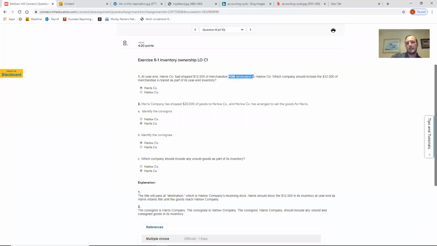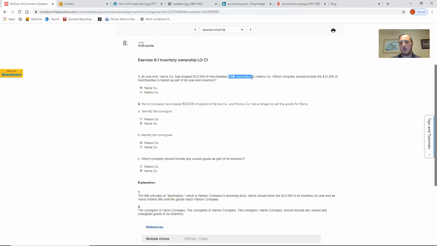So again, you have to look at it. FOB destination means we're not going to switch over until we get to our destination. So it's still the seller's ownership. FOB origin means as soon as it's loaded onto the truck, it's up to you.